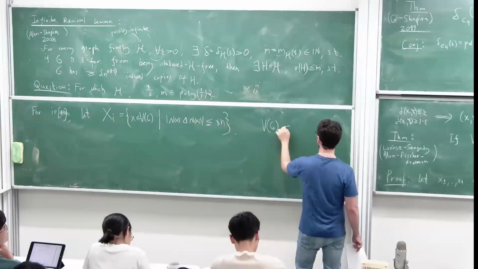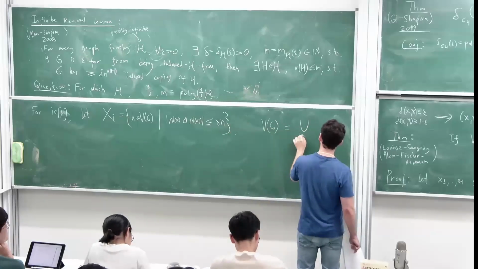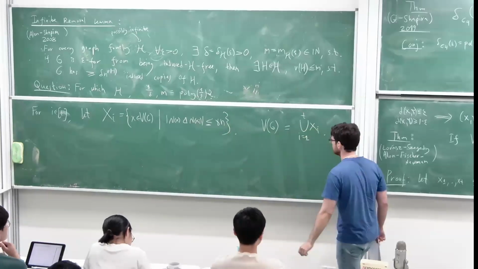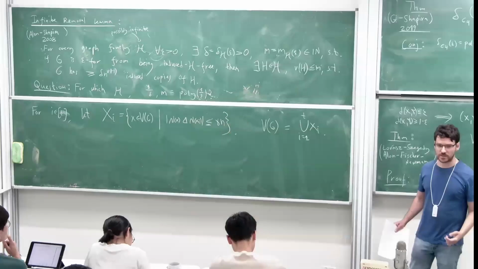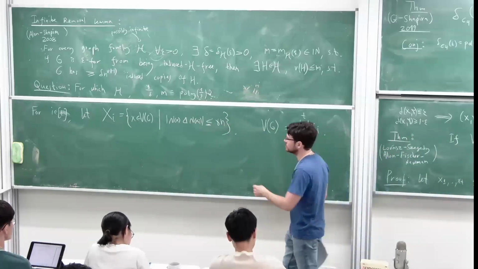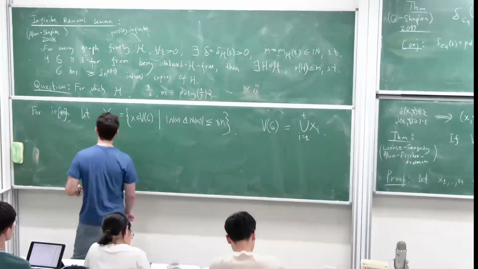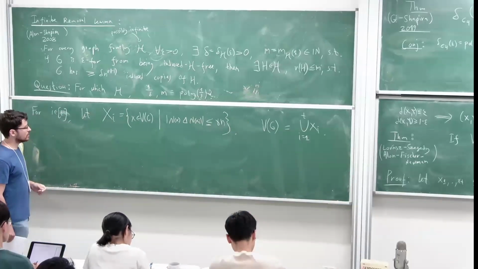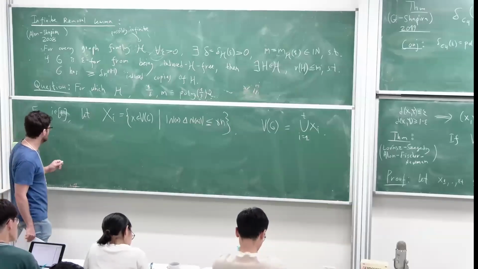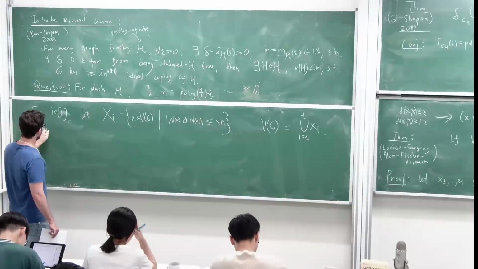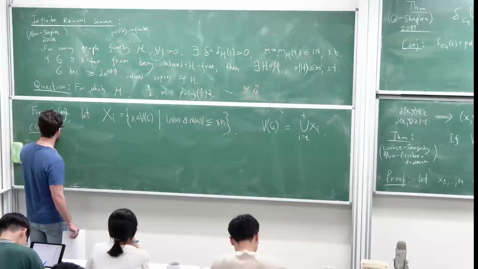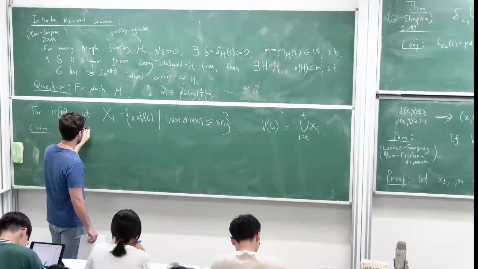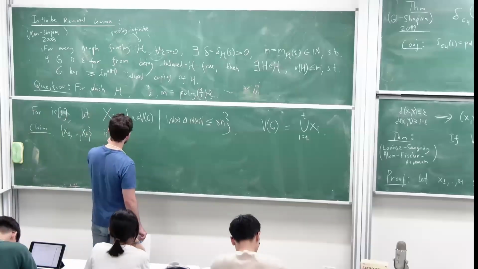So this is a partition. If a vertex belongs to several of these Xi's, we just put it in one of them. Okay. So what we will claim is that this partition X1 up to Xt is epsilon homogeneous.